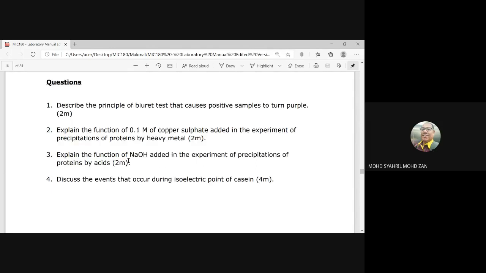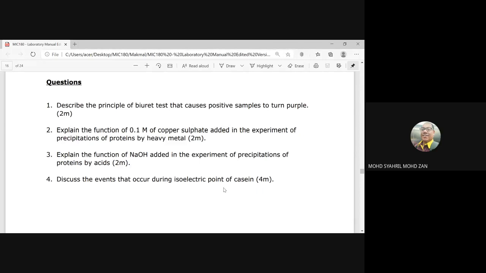Number 3, explain the function of sodium hydroxide added in the experiment of precipitation of protein by acids. Last number, discuss the event that occurred during the isoelectric point of casein. Okay, so this one is a post question for the experiment. But these questions are for you all to answer, to help you for the final test later, or test 2, test 1.